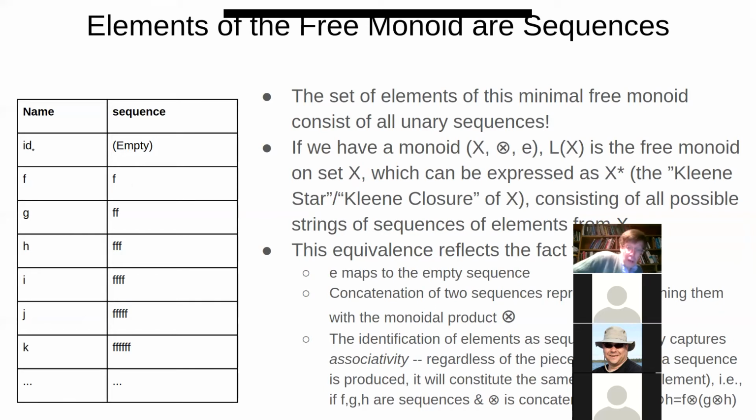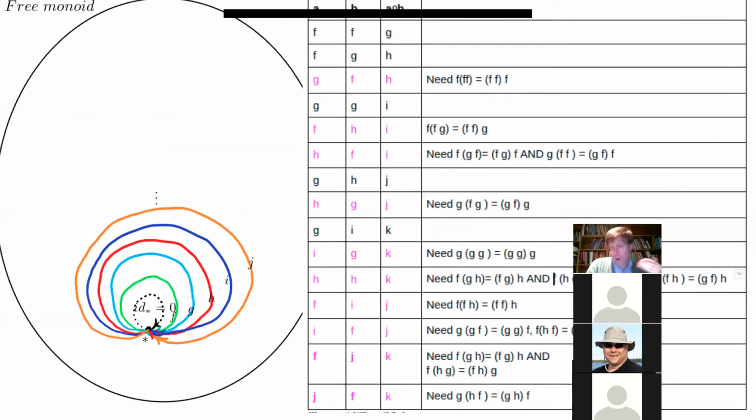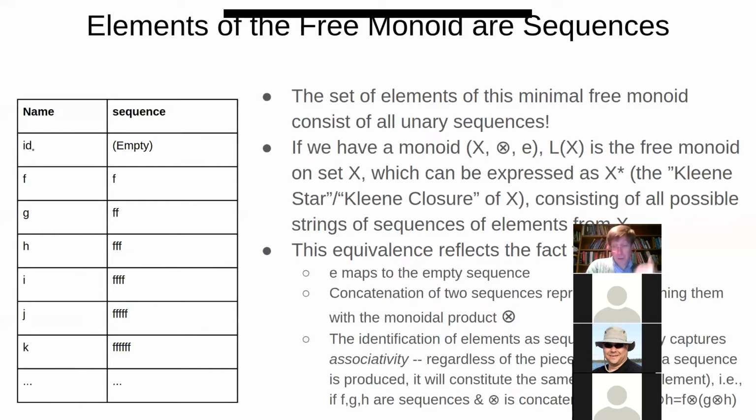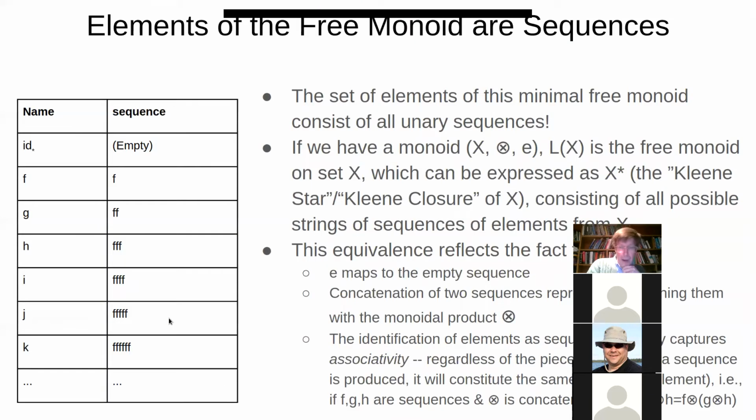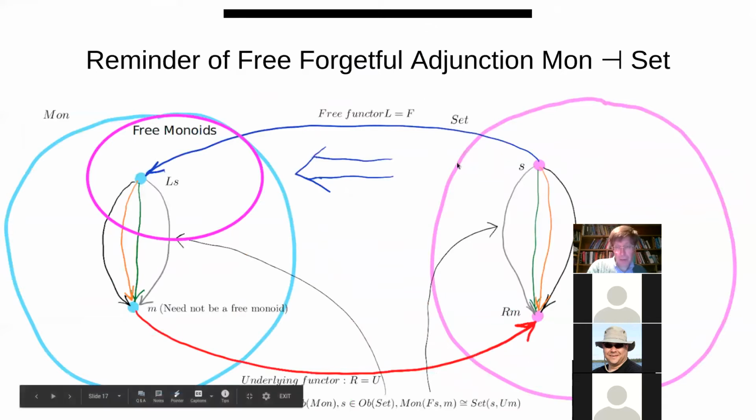Okay, so this minimal free monoid is one we tried to build up to develop our intuitions about what's free in it. We found the things that were free to be different are each possible sequence of this kind of primordial non-identity element.